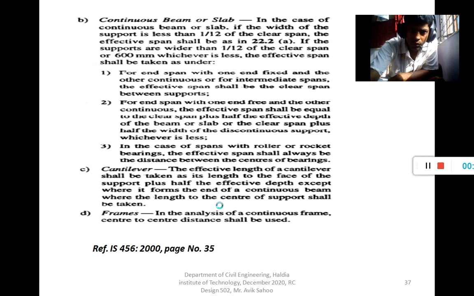As mentioned in the code, in continuous beam, go to page number 35, IS 456:2000. In the case of a continuous beam or slab, if the width of the beam support is less than 1/12 of the clear span, the effective span shall be as in 22.2a.